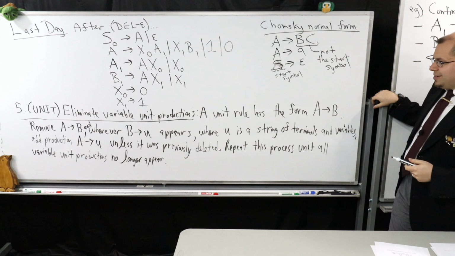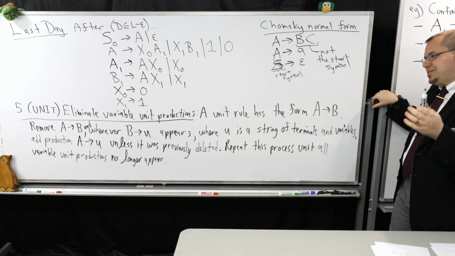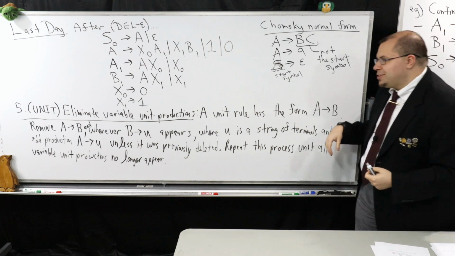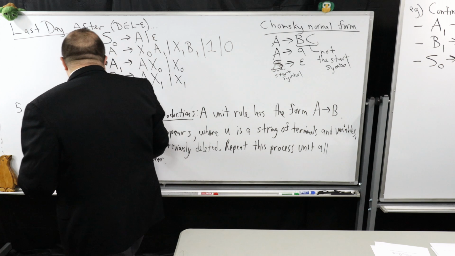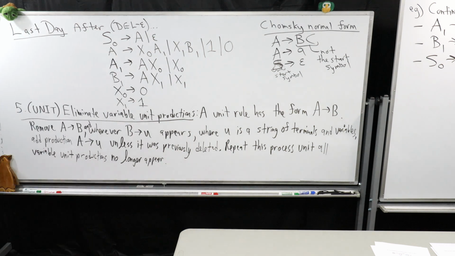So just to be clear, what we do is we remove A produces B, and then whenever you encounter B produces U, where U is just some string of terminals and variables, you're going to add a production rule, A produces U. So remember, U is a string of terminals and variables. Keep in mind, I'm describing this a little more broadly so that you could use this separately. But that being said, only add it if it wasn't deleted before. So obviously don't add something you already got rid of.